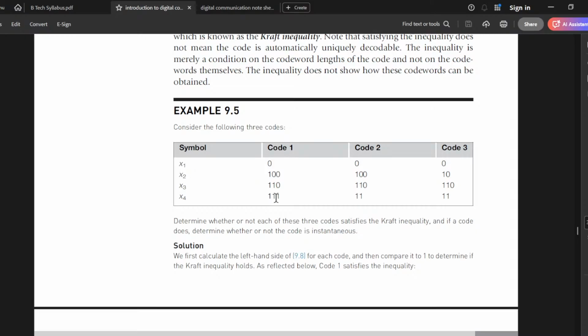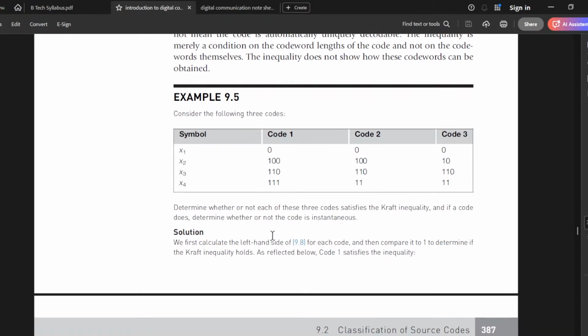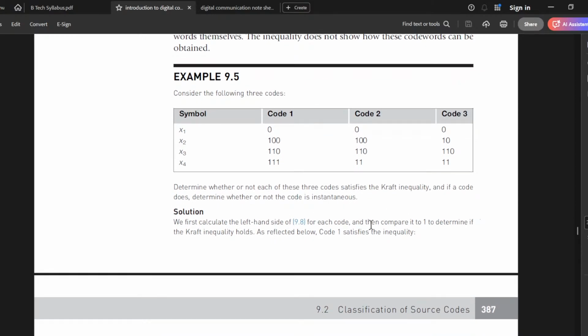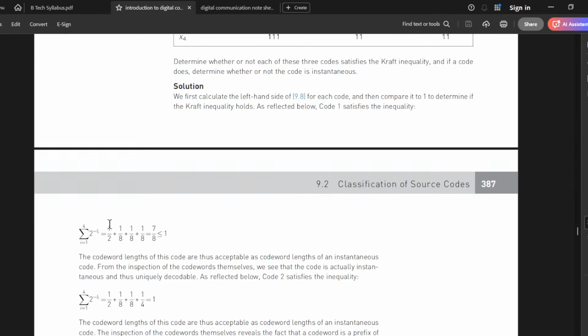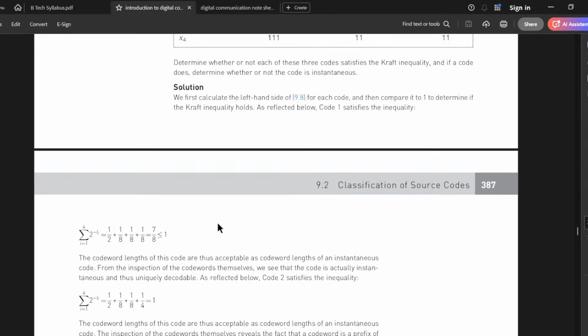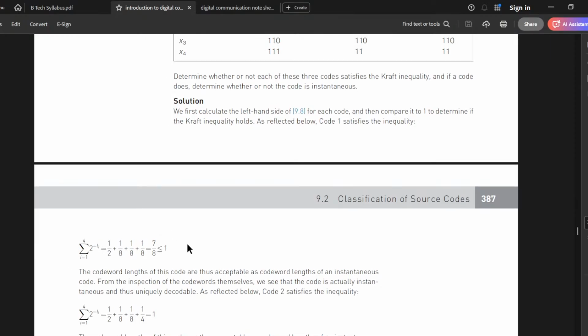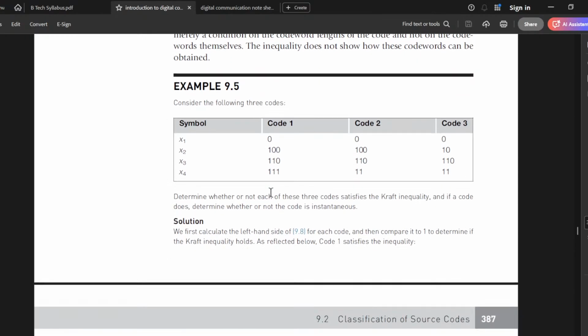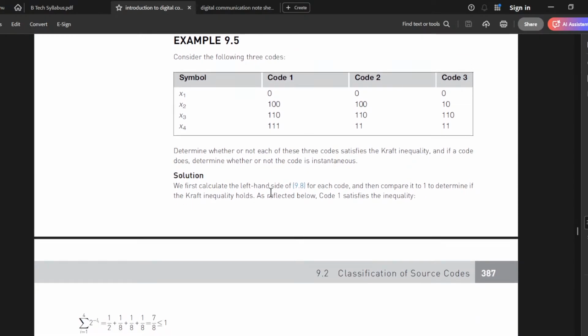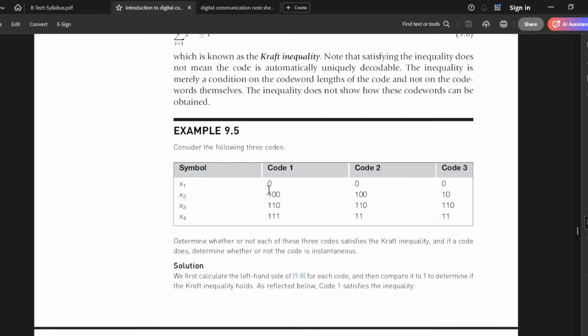We first calculate the left-hand side of 9.8 for each code, then compare it to one to determine whether it is acceptable or otherwise. So here is 2 to the power of minus li. For the first code the lengths are 1, 3, 3, 3.